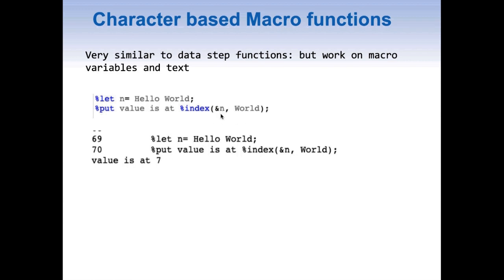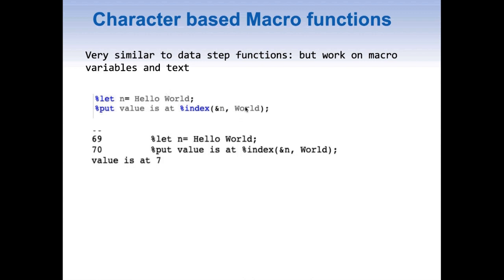Here the first argument is generally a macro variable, and the second argument will be a text. We don't put any quotes in front of it because we are searching for this particular text in this macro variable.